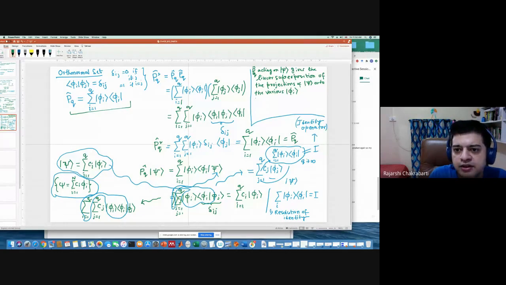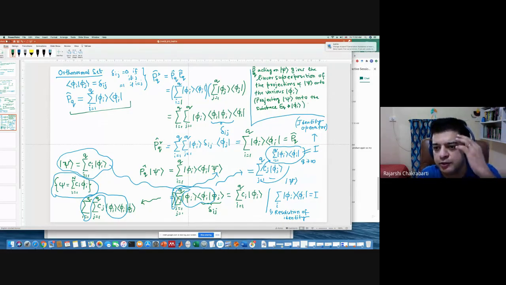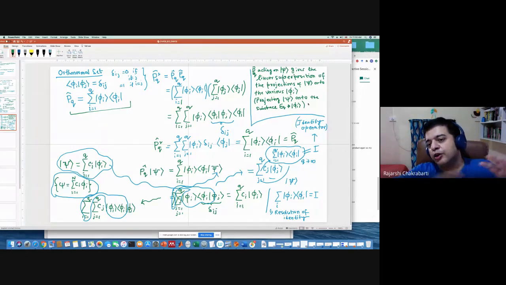So this is actually projecting psi onto the subspace EQ that belongs to all these phi I's. Because there are Q number of phi I's, EQ, the epsilon Q, is the subspace. They are projecting psi onto EQ.